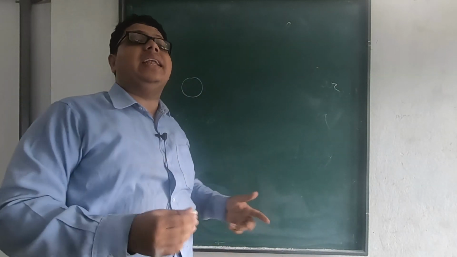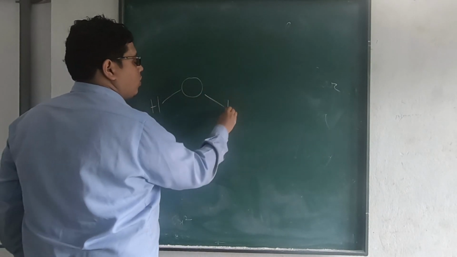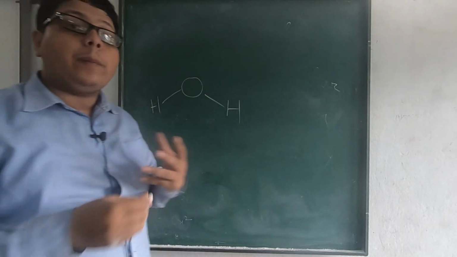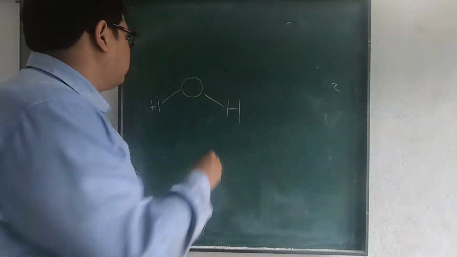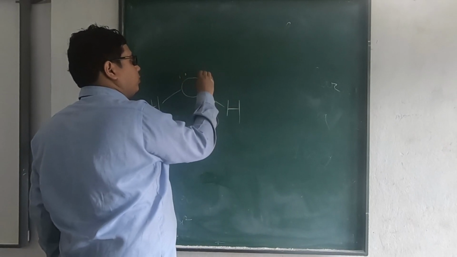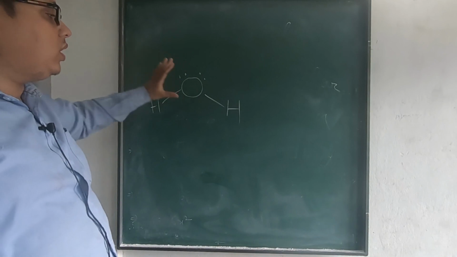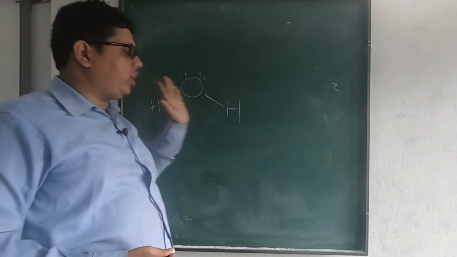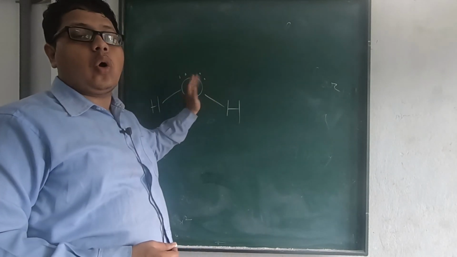So because of that high electronegativity, what happens? The bond pairs, the shared pair of electrons, they are pulled closer to whom? Oxygen has the lone pairs and pulls the shared electrons closer. Although oxygen is sharing with hydrogen, the shared electrons are closer to oxygen.